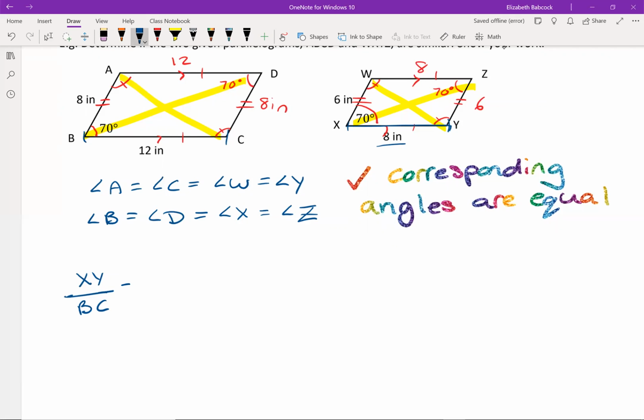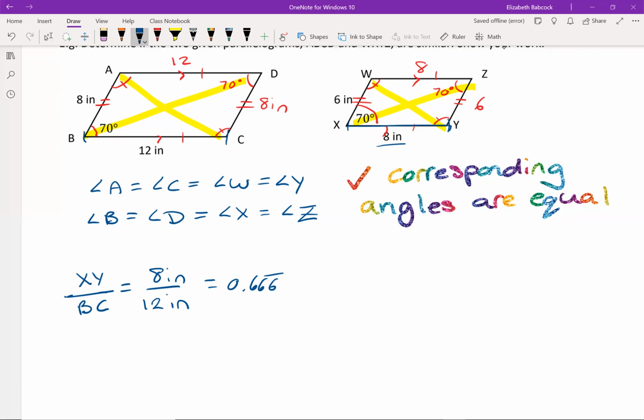So we have 8 inches over 12 inches. Putting 8 divided by 12 in our calculator, we get 0.666 repeating.